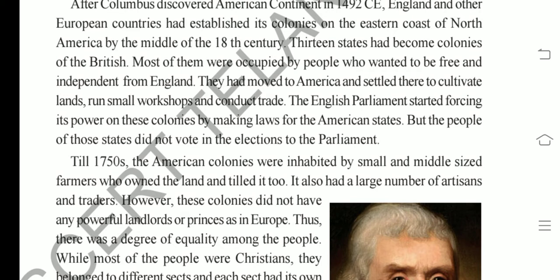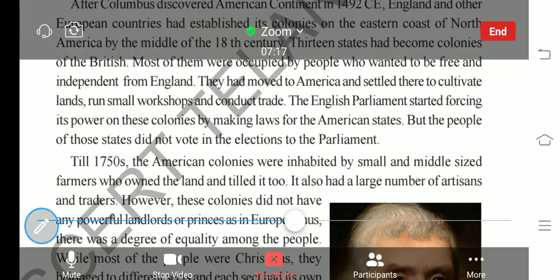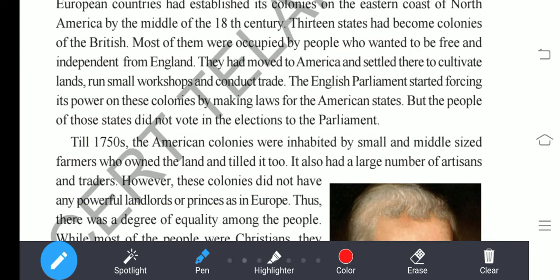English people settled on the eastern coast of America and started cultivating lands and running small workshops, and also conducted trade with other countries.